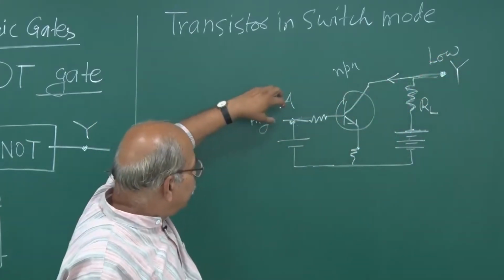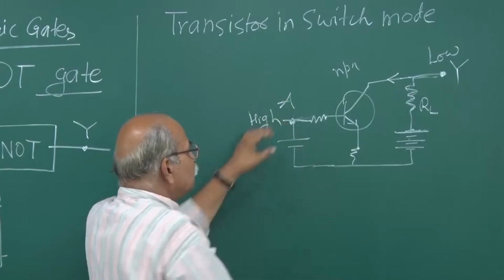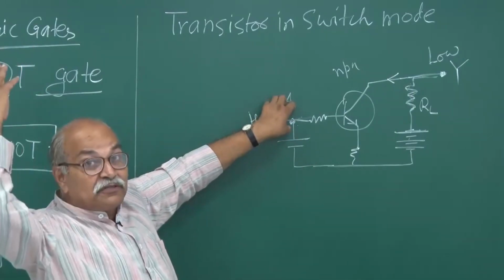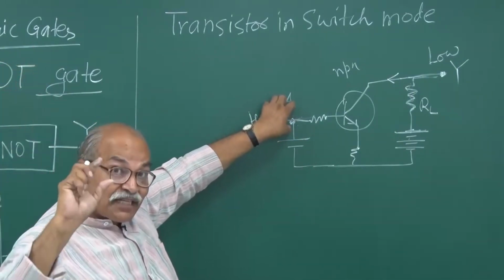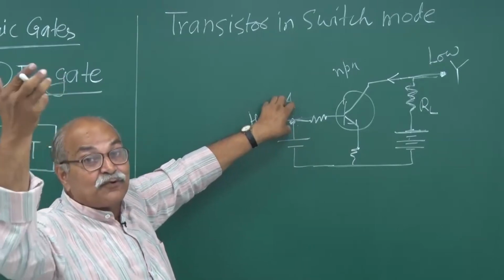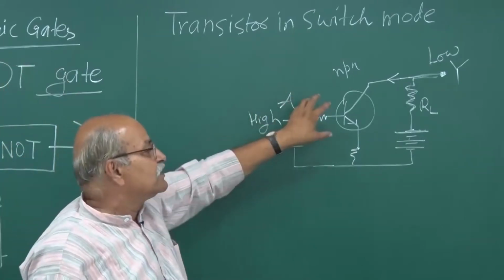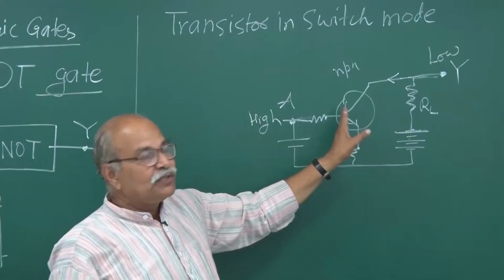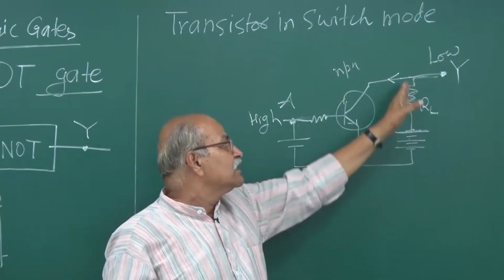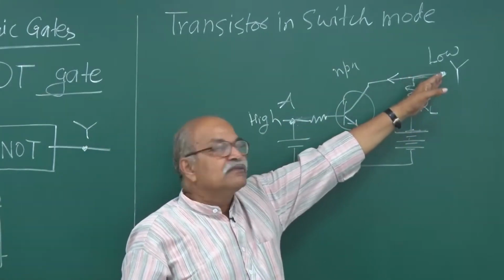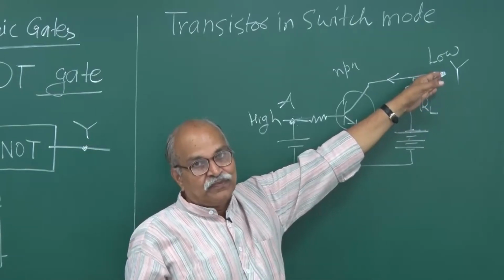A high voltage does not mean 1000 volts. High voltage in our case is just 3 volts, 4 volts, 5 volts, which drives this into saturation mode, so that there is a current, there is a potential drop, and this becomes quite low.